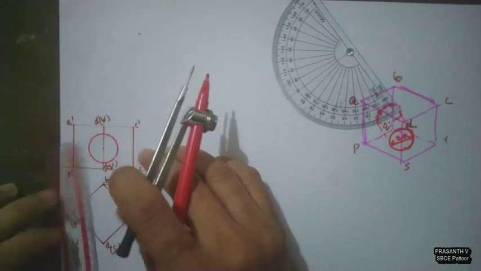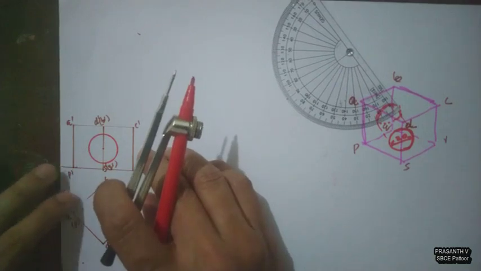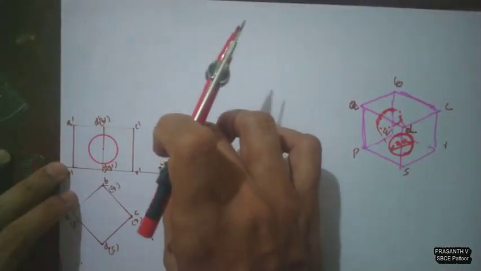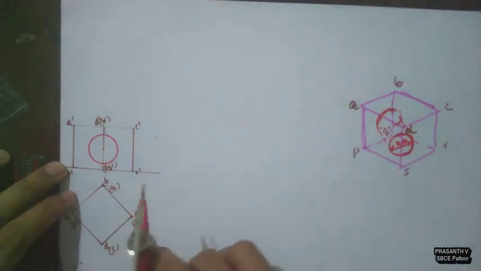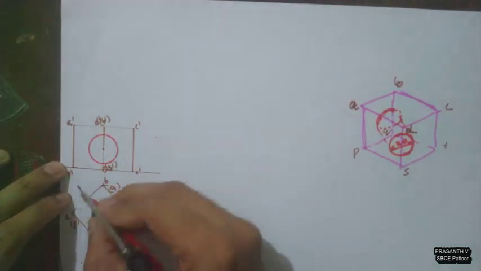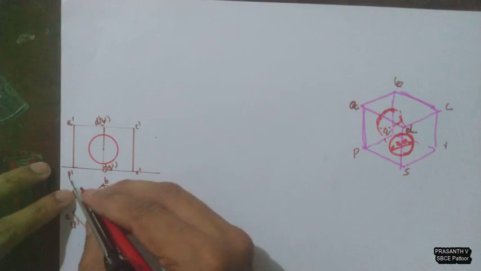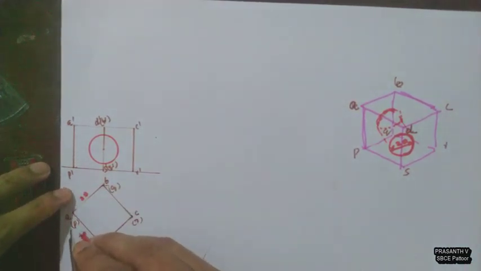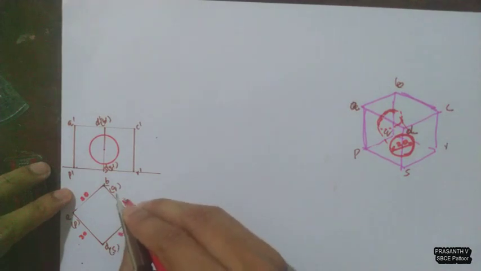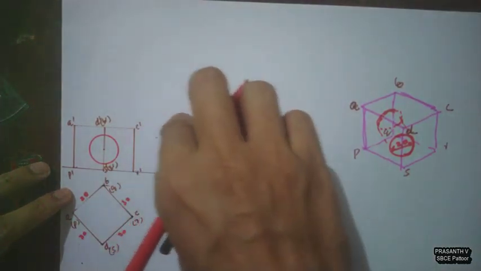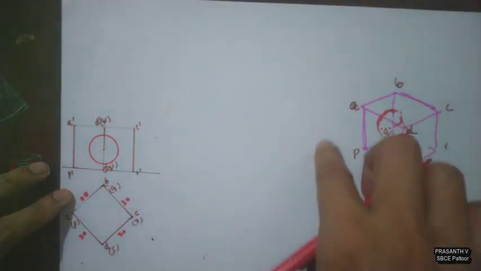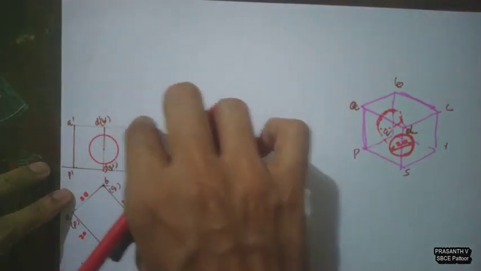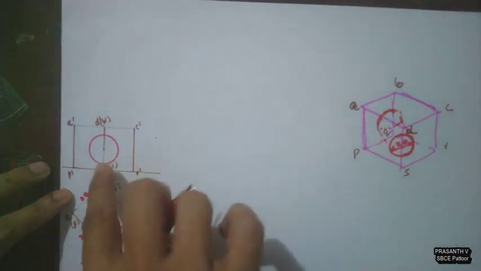Now while developing the cube, you will get a rectangle with the side equal to 30 into 4. So 4 times 30 gives 120 mm as the length of the development, and the height will be equal to 30. This will be the development of the lateral surface.